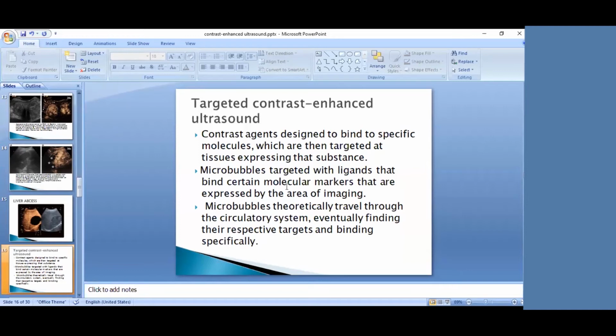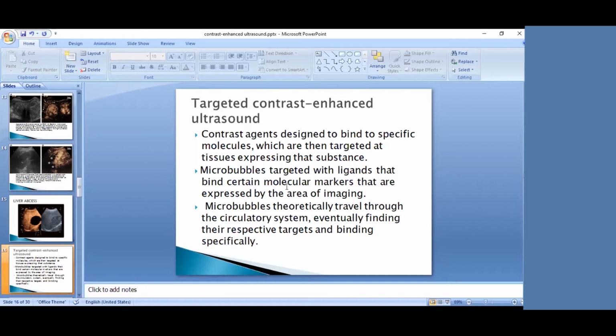Now the other type of contrast enhanced ultrasound is what? The targeted contrast enhanced ultrasound. The contrast agent is designed to bind to a specific molecule, which then targets tissue expressing that substance. It means we will make that agent, the microbubble, attached to something, okay? For example, a protein which is produced while there is an inflammation.